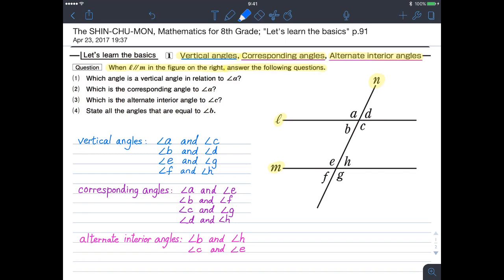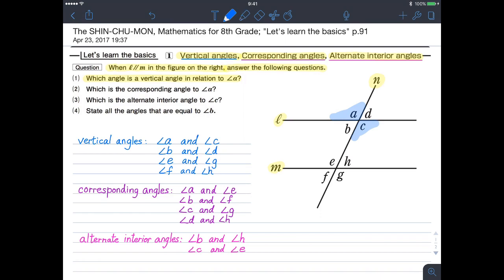Now we are ready to answer the questions. The first question asks, which angle is a vertical angle in relation to angle A? You may remember that a vertical angle is an angle that is diagonally opposite another angle. In this case, angle A is diagonally opposite angle C. Therefore, A and C are vertical angles.